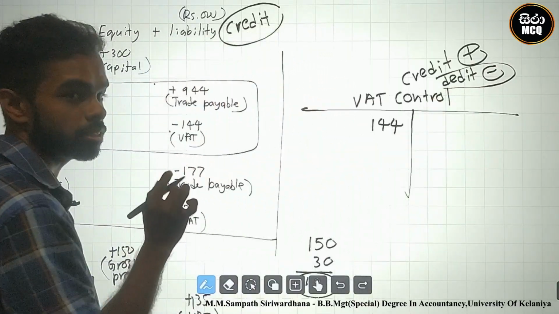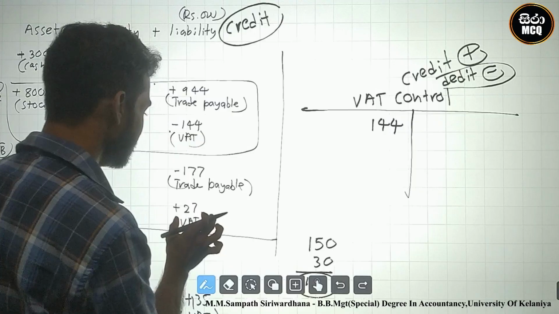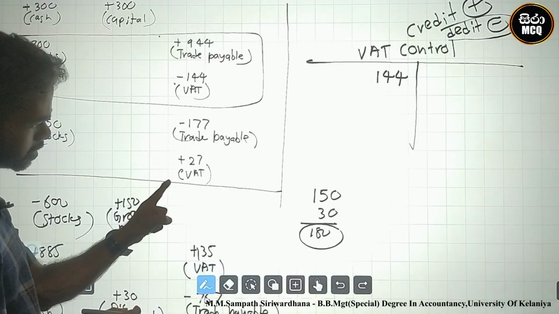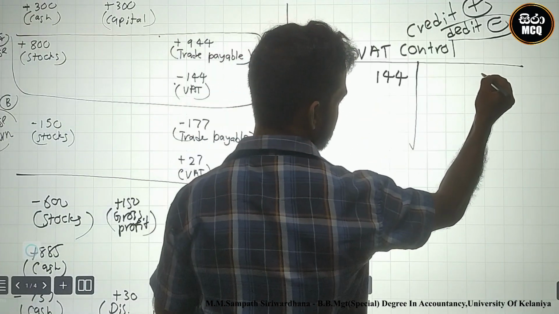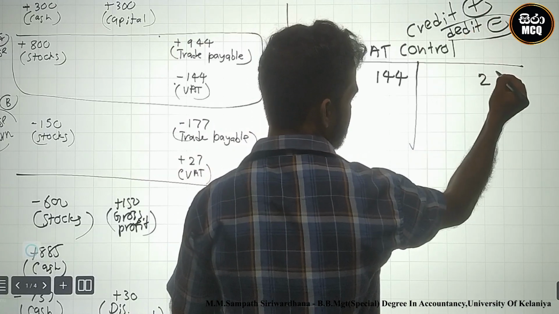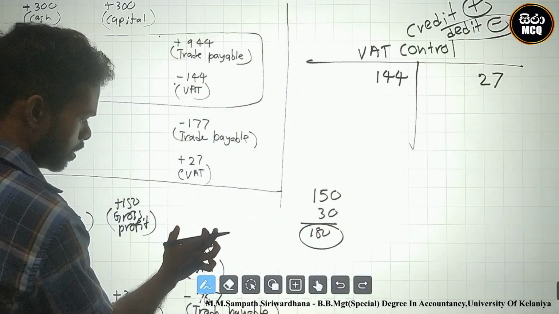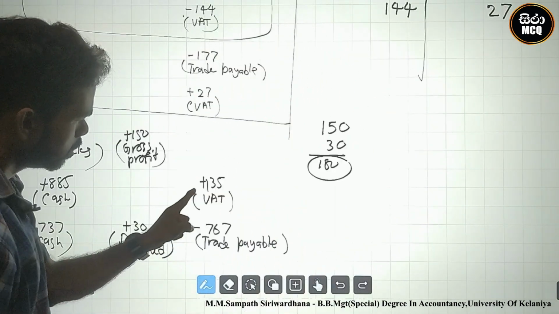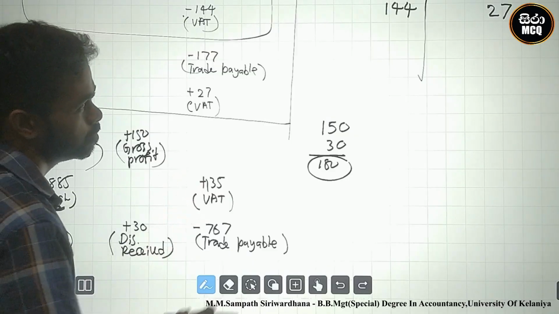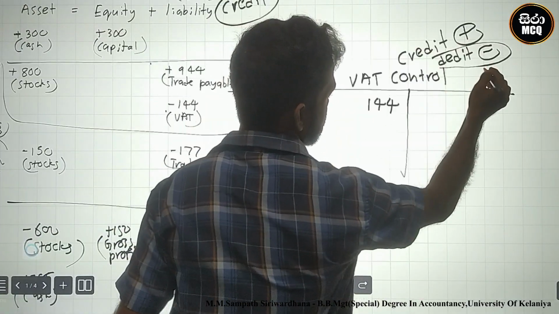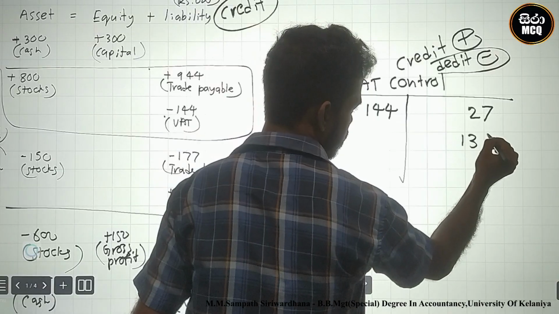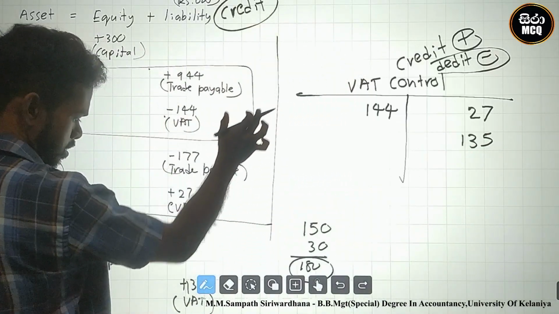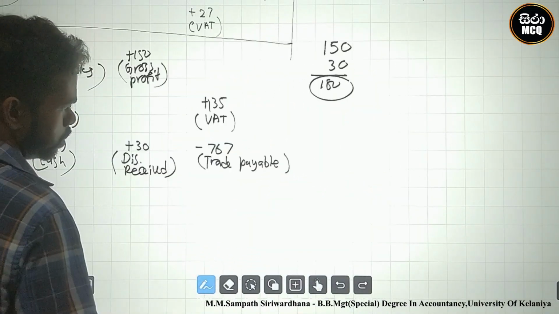This is a minus short, therefore I debit it. The second one is VAT plus. Plus means credit 27. There is another VAT short, 135 plus. Plus means credit 135. There are only VAT shorts.